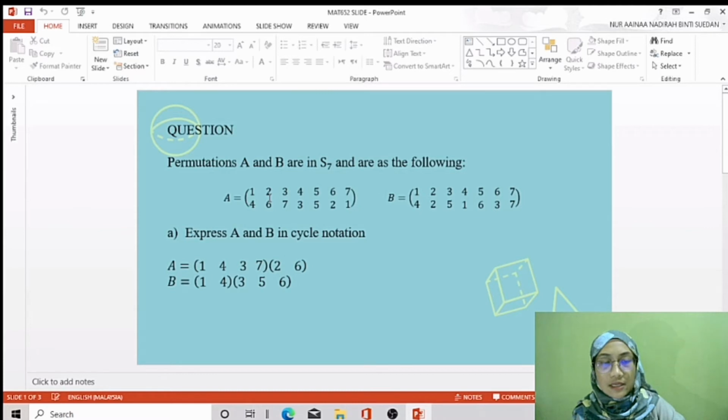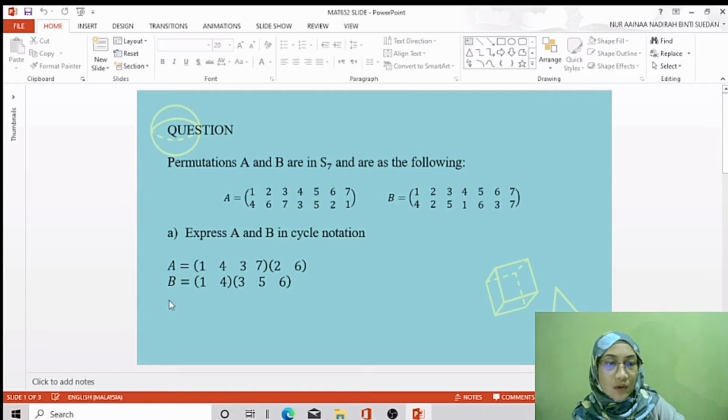Another cycle is 2 goes to 6, and 6 maps to 2. It bounces back, so we write (2 6). The last cycle is 5 maps to itself, so since it maps to itself, we do not need to write it.